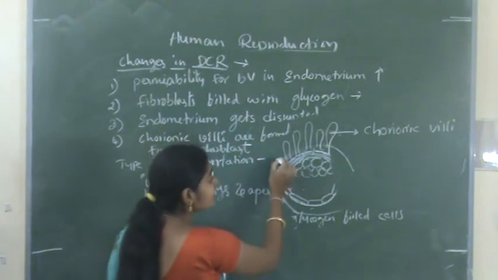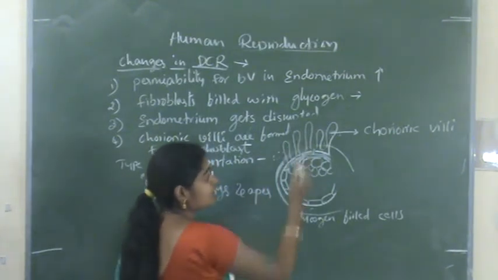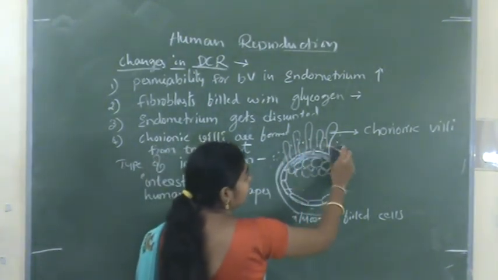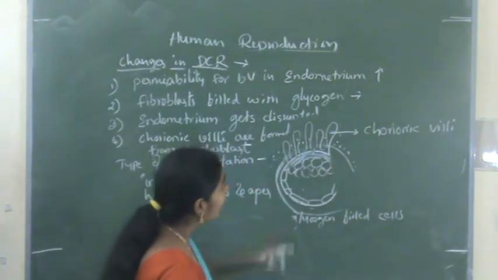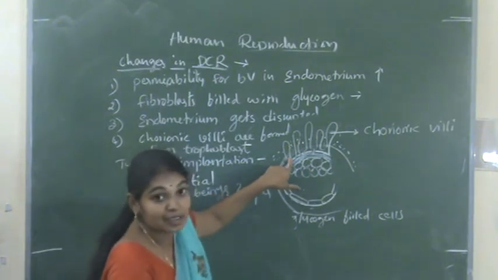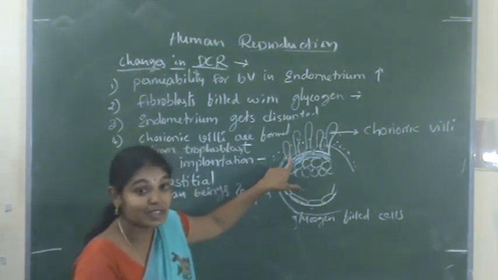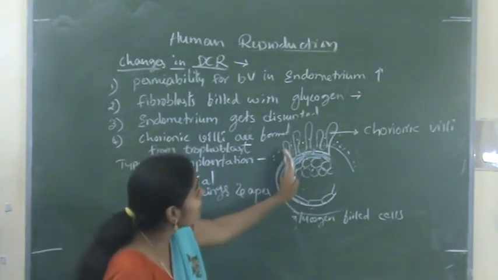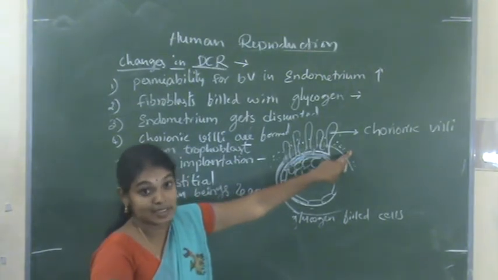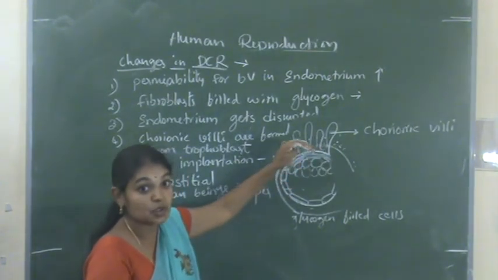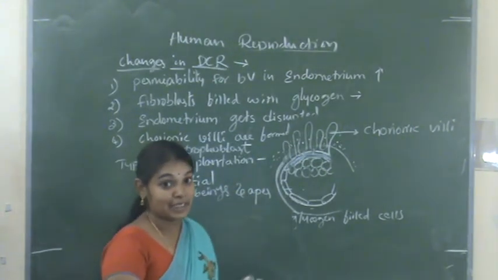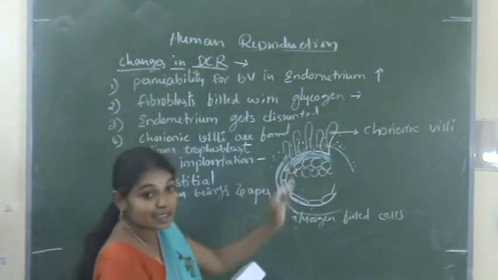We already discussed the maternal fluid around the endometrium. Now these finger-like projections, which are developed from the trophoblast layer, are incorporated into this fluid. So this type of implantation is known as interstitial implantation.